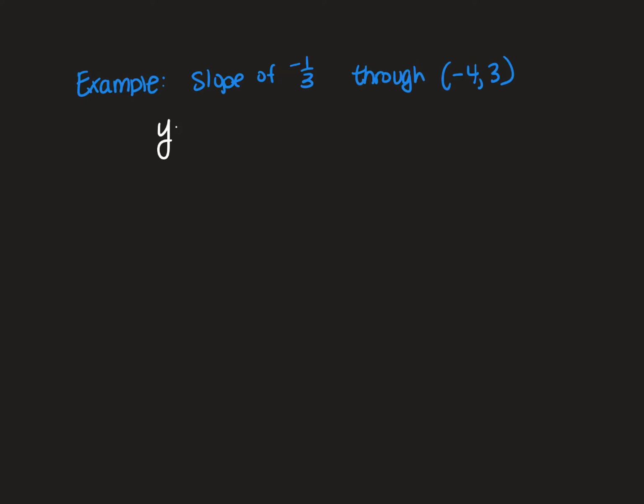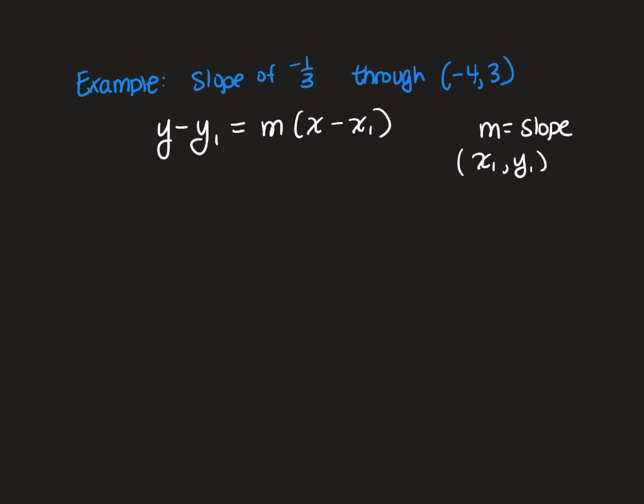But hey, this other one that I highlighted, the point-slope form of the equation, if you remember, is quite nice because m represents our slope again. But this x1, y1 is just a point on your line. So we have that here, x1, y1. And we know our slope is -1/3.